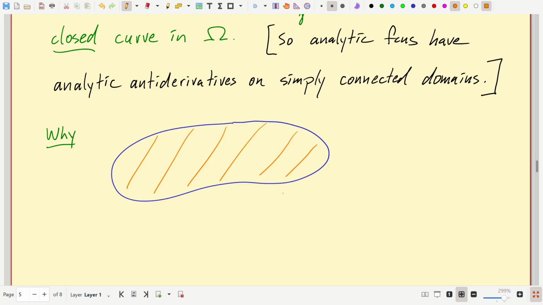If I have a closed curve in here, it could cross itself. So here's one, I'll make it a figure 8. I could split this closed curve gamma into loops, and those integrals around those loops would be 0 by Cauchy number 1.